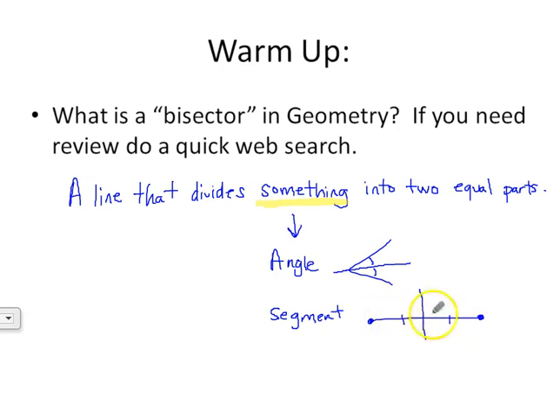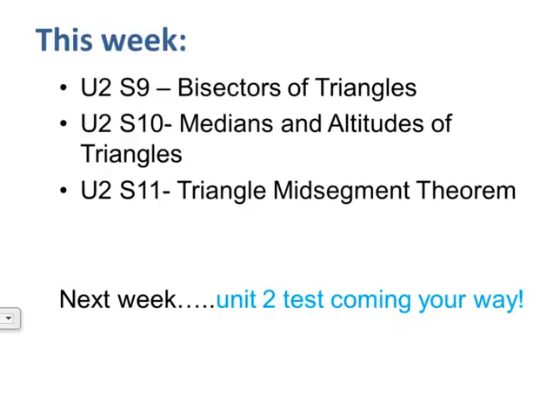And remember, those ticks tell me that this segment now is congruent to that segment. So a line that divides something, whether it be an angle or a segment, it's going to divide it into two equal parts. That's what a bisector is. And we're going to be dealing with the term bisector a lot this week, and that's why I wanted to review it.